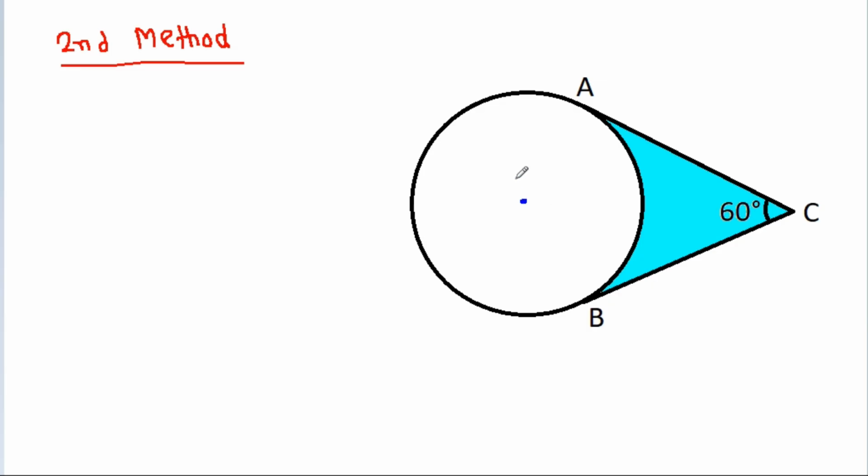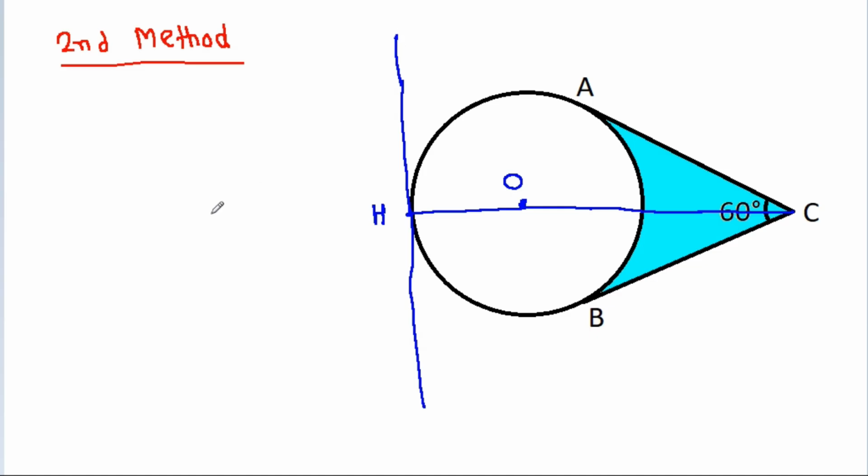The center of the circle is O, and if we join CO and extend it, suppose this point is H, and if we draw a tangent at H, then in any circle, a radius and a tangent are perpendicular to each other, so these angles will be 90 degrees.